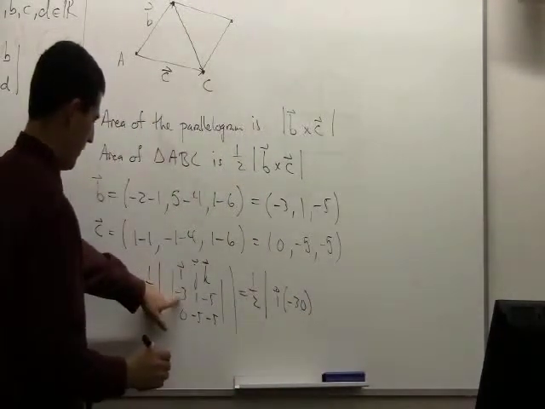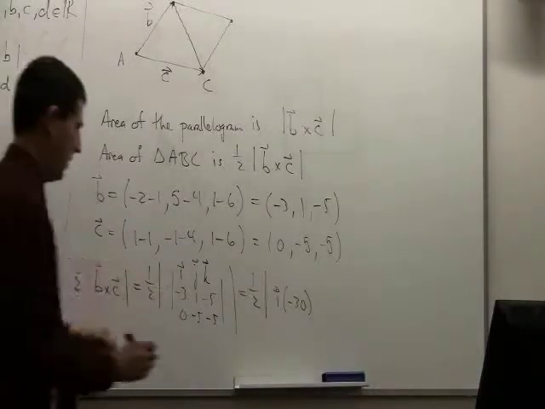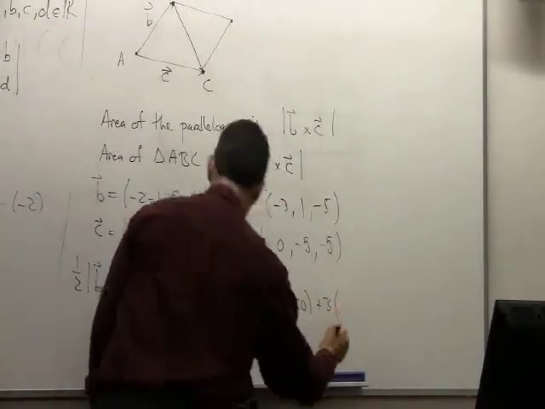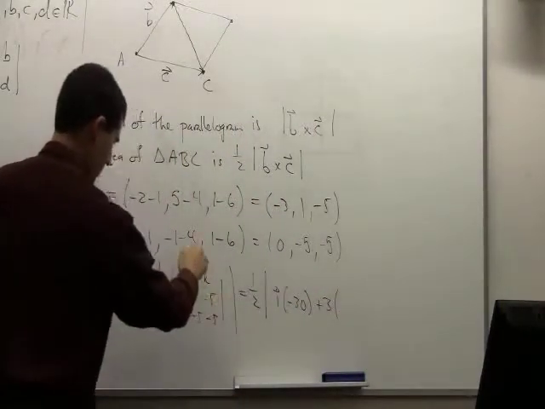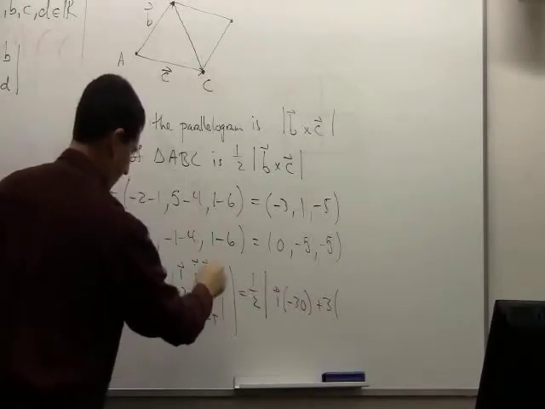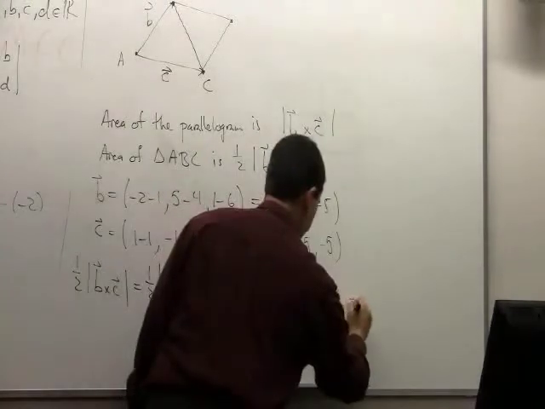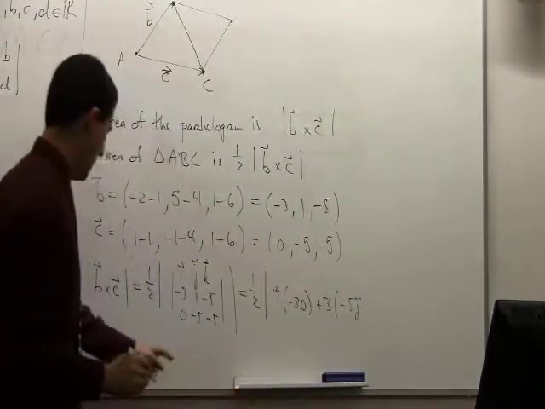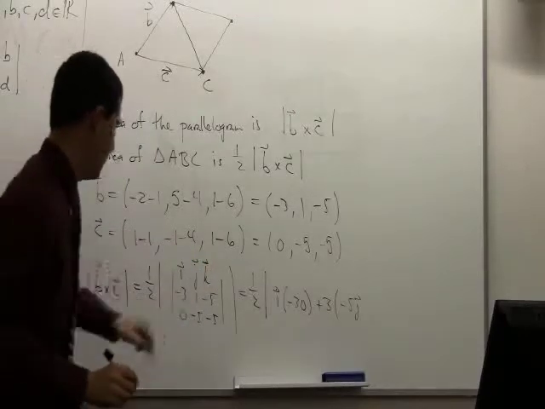Okay, and then here we have a minus 3, but remember, when we write down that matrix, that minus 3 gets a minus, so it becomes actually a plus 3 times, now we need to do this j minus 5, k minus 5, so minus 5j minus 5k, so plus 5k.